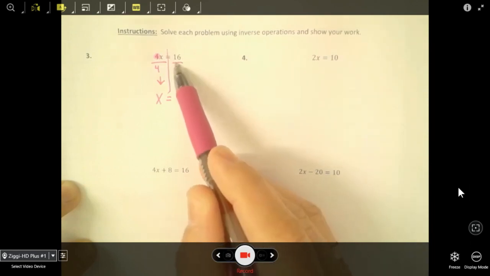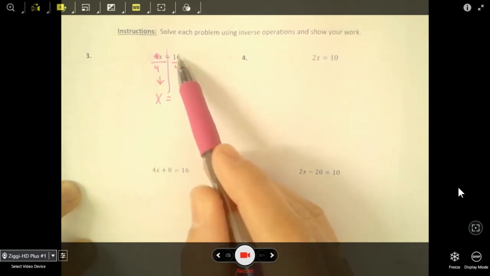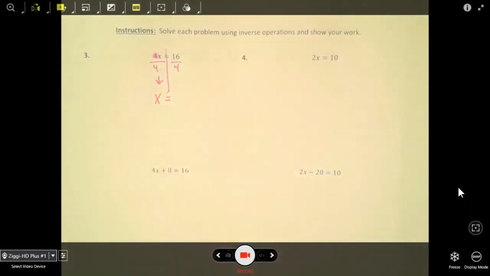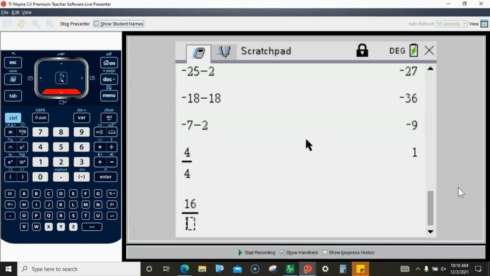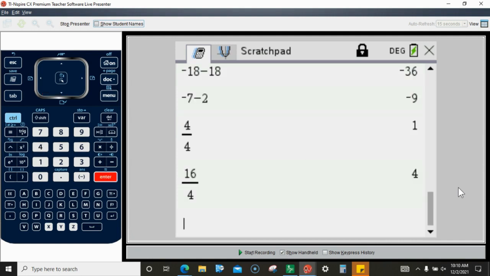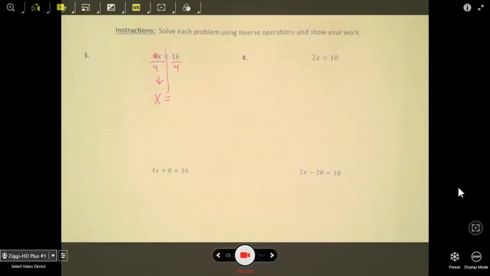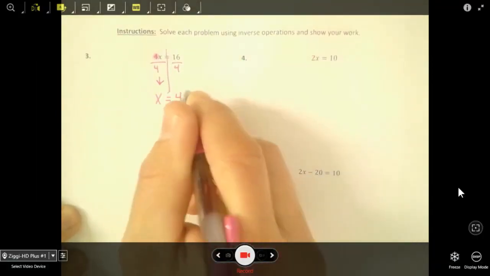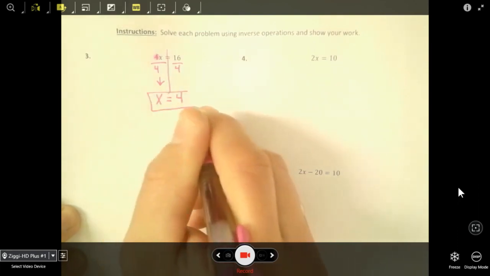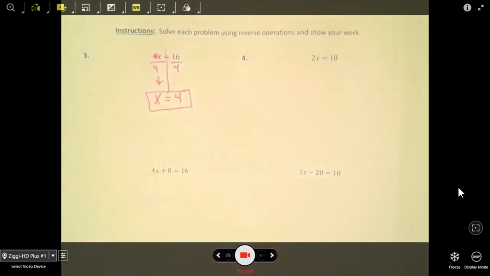So that fraction bar just represents division. So 16 divided by 4, I'm going to put that in my calculator. 16 divided by 4. I'm going to hit enter, and notice it gives me 4. So I'm going to go back to my paper, and I'm going to write 4 as my answer. So we're done with number 3, its first problem, and now we need to go to the second one.